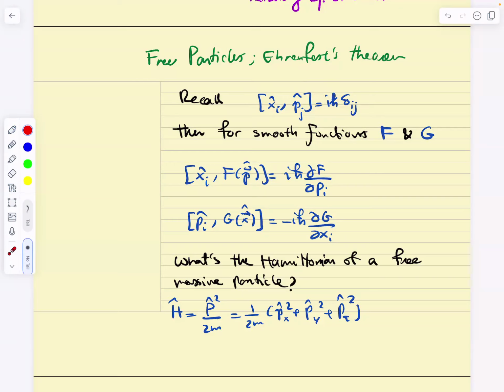This means that for any smooth function f, the commutator of x and f of p is just i h bar times the derivative of f with respect to p. And for any smooth function g, the commutator of p and g of x is minus i h bar times the derivative of g with respect to x. Do you see this, or do I need to prove it on the board?